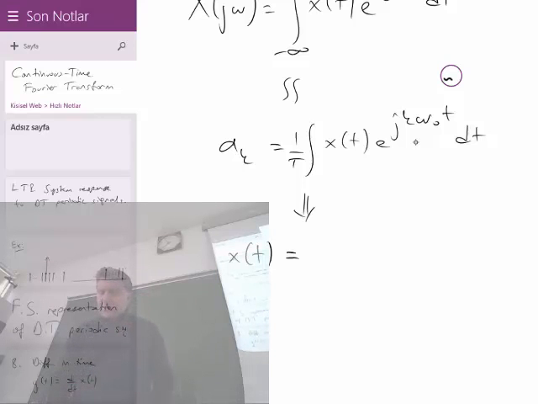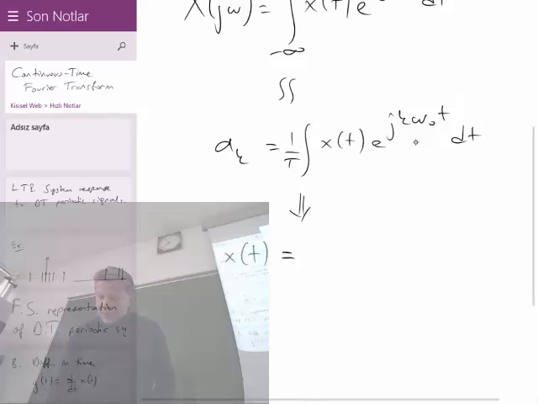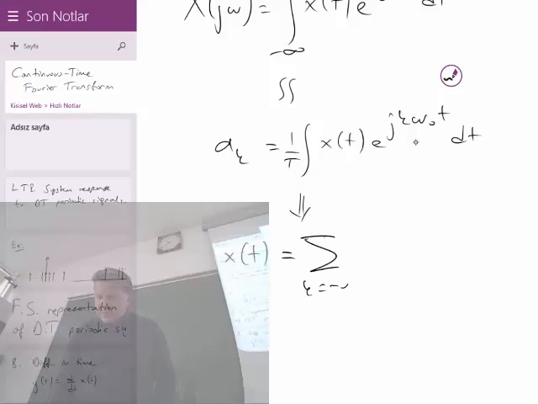X of t in terms of a_k was the summation k from minus infinity to infinity, a_k times e to the j k omega 0 t. This was the representation of the signal from the Fourier series coefficients.